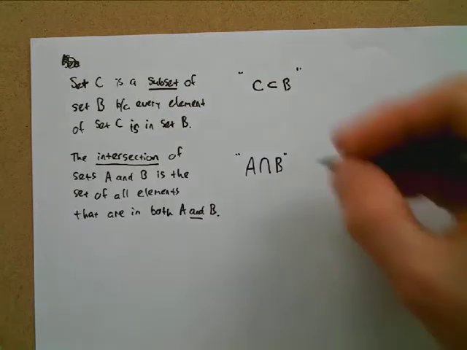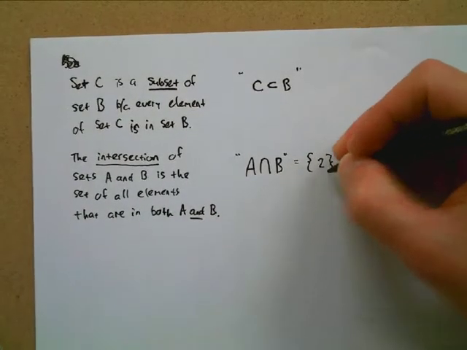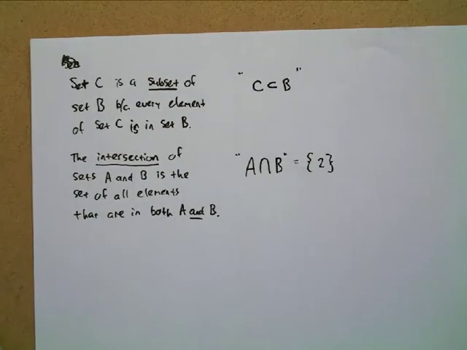So A intersection B is just this set, 2. The intersection is what the two sets have in common, in both A and B.